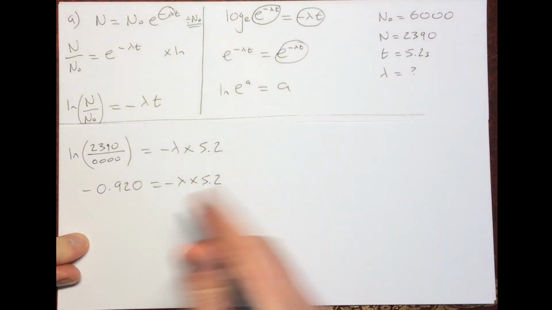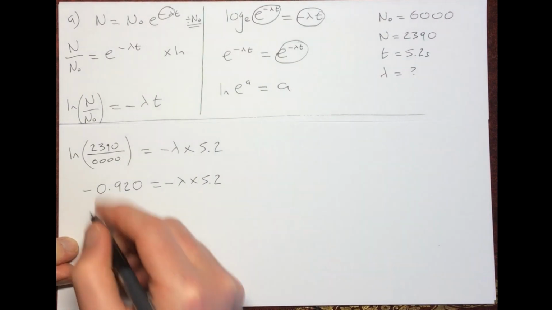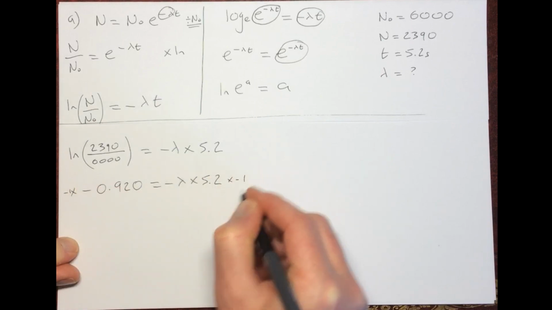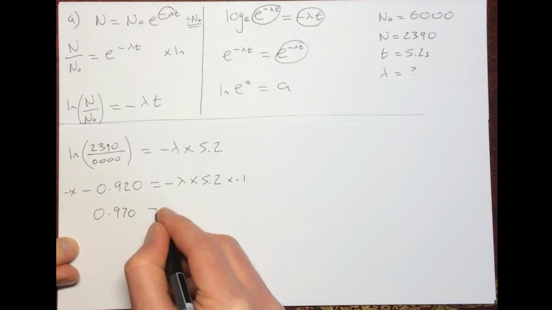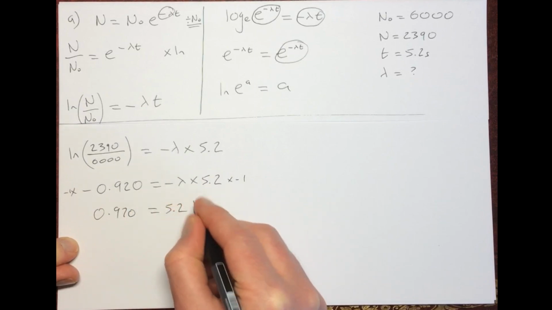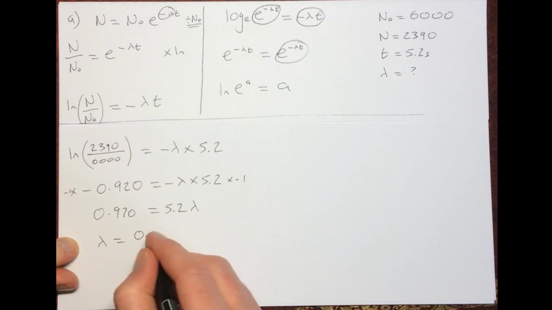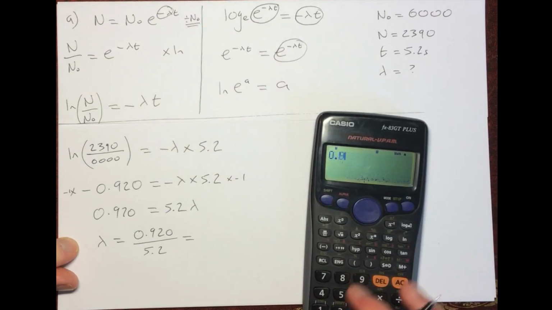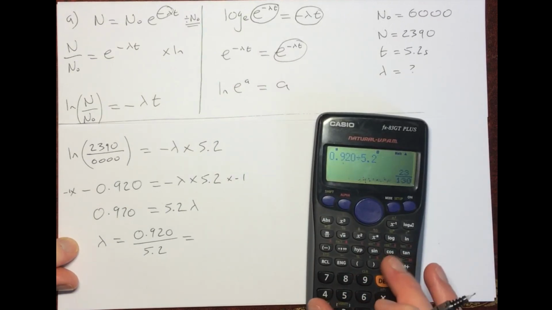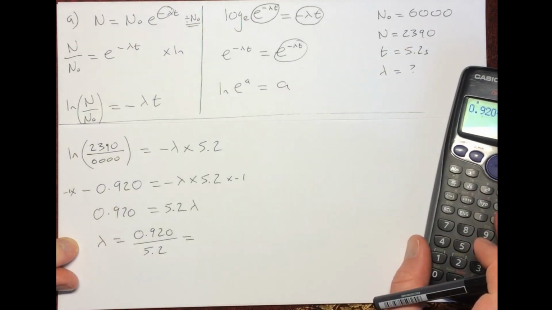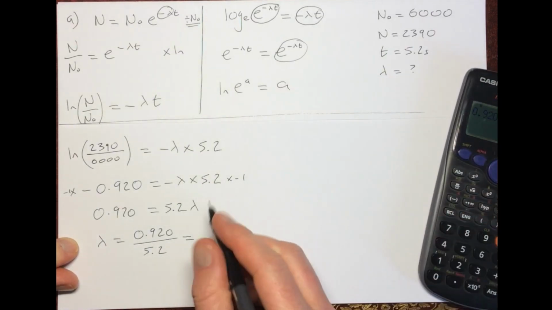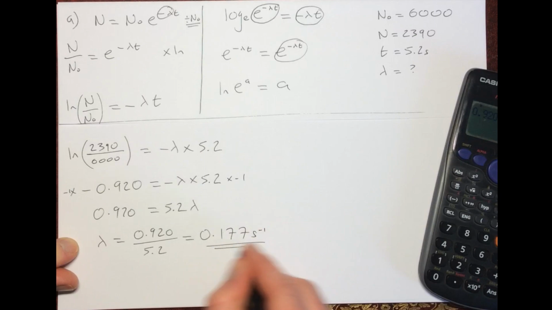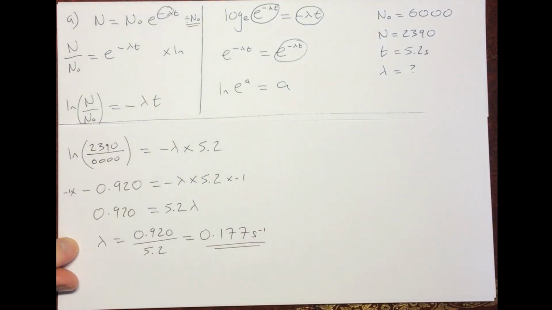Therefore you can multiply both sides by minus 1, and that gives you 0.920 equals 5.2 lambda, and therefore lambda is equal to 0.920 over 5.2, and that's going to give you 0.177 per second.